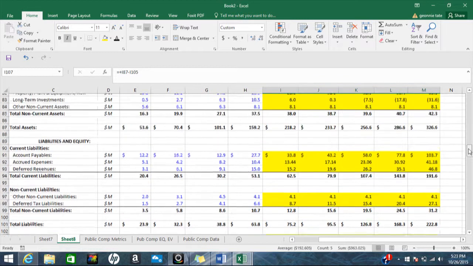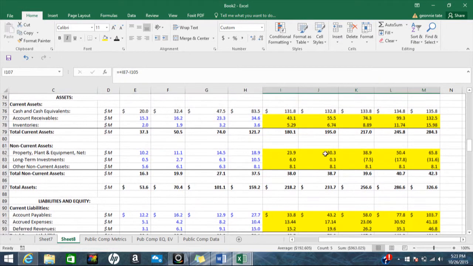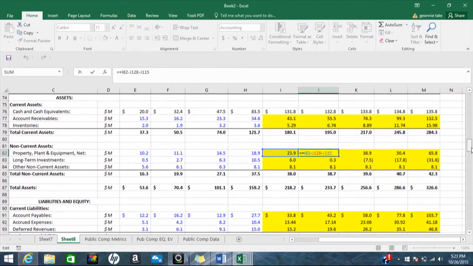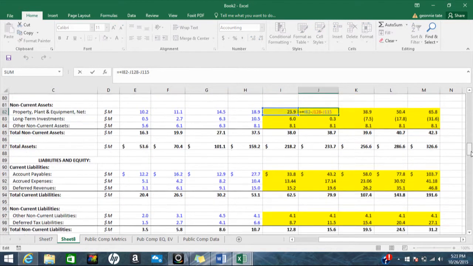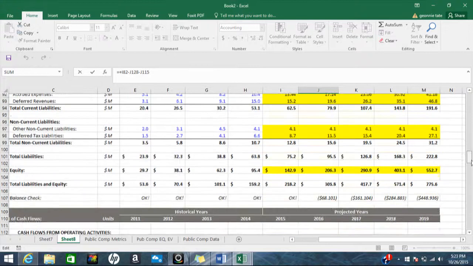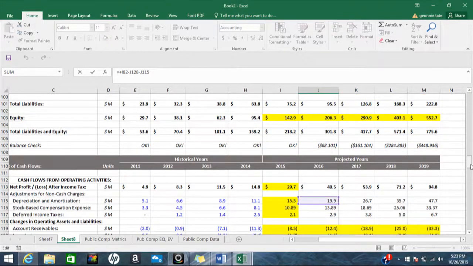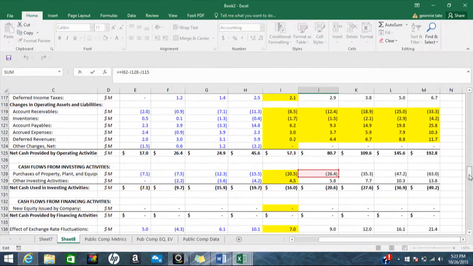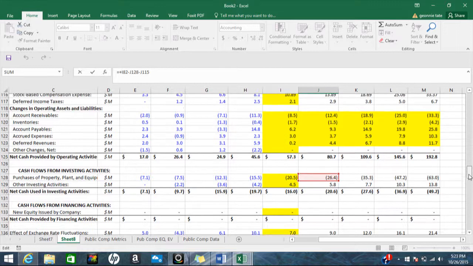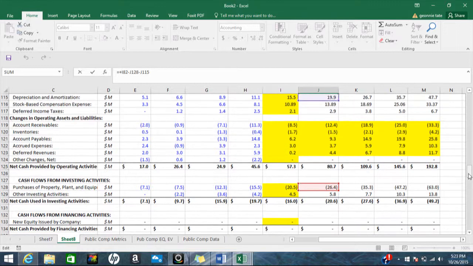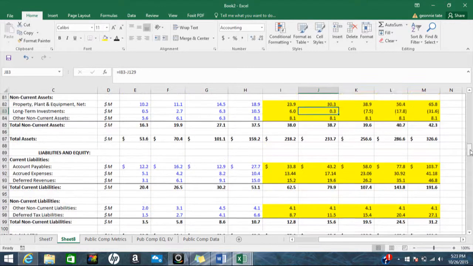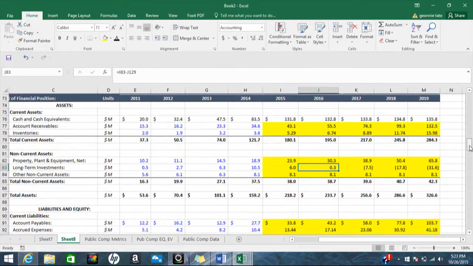What else did I change earlier? Let me go up here and just check manually. I had a previous PP&E minus the depreciation minus the CapEx. Okay. And what else did I change earlier?